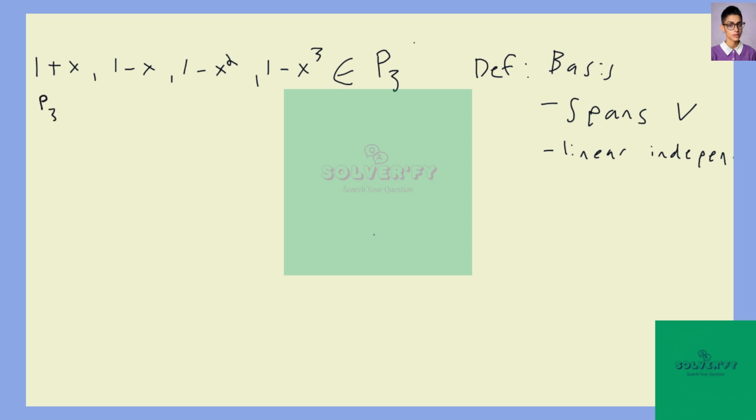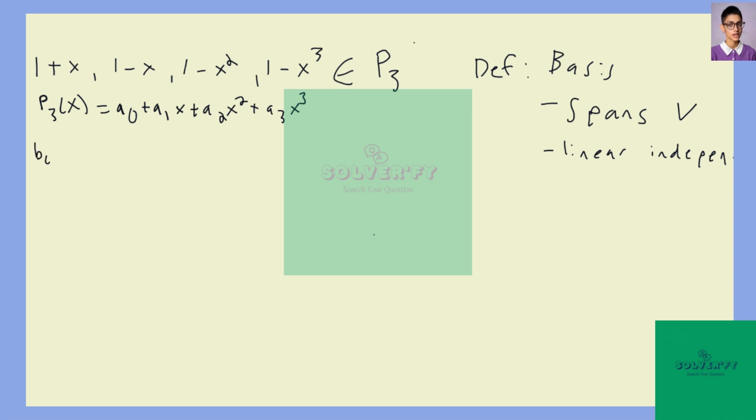So first we grab an arbitrary polynomial from P3, right? And any polynomial in P3 will look just like this. And so now we want to set up an equation. We want to set up a linear combination of these to equal our right-hand side here.